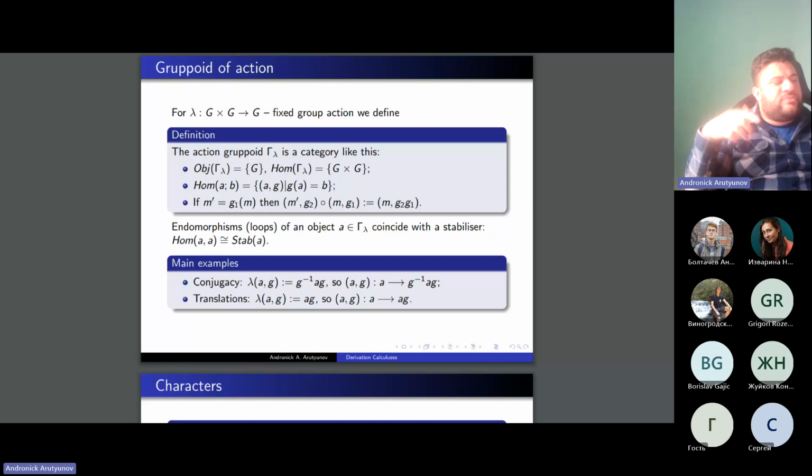I'm taking right translations of the group, so I'm multiplying by g on the right side. But of course, one can take left actions, and that will be another example, but it's similar to this. The results will be similar. So I will talk just about right translations.